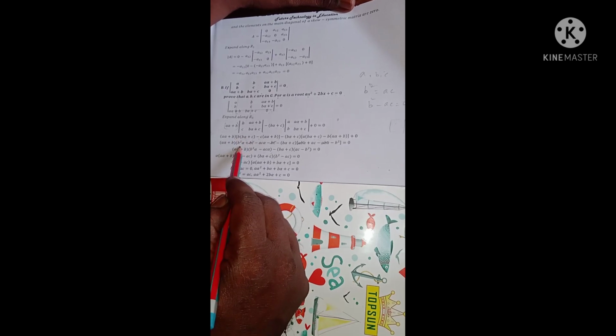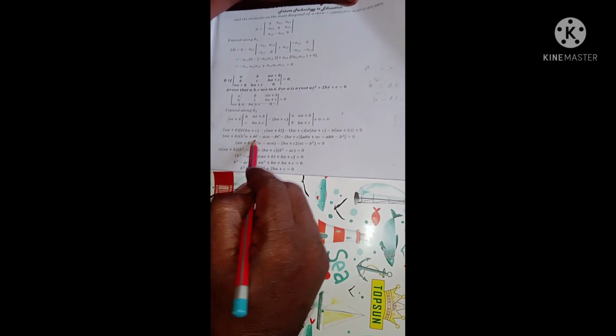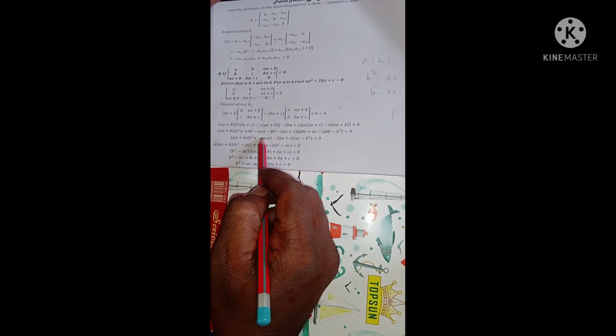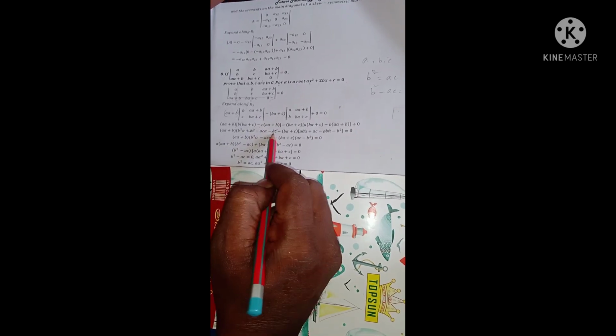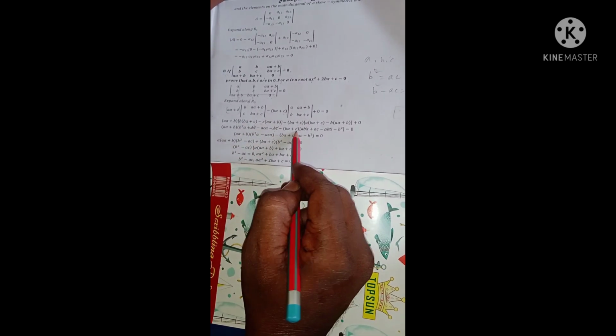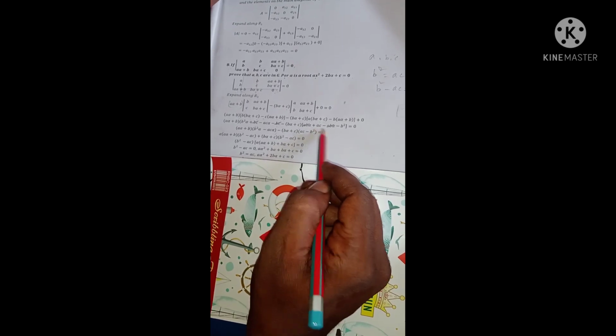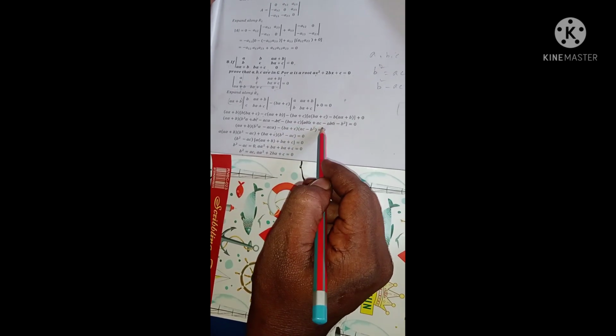Now expand this: b into b², b into c gives bc. This is minus ac alpha, this is minus bc. Cancel them. Here also multiply, then ab alpha minus ab alpha is cancelled.